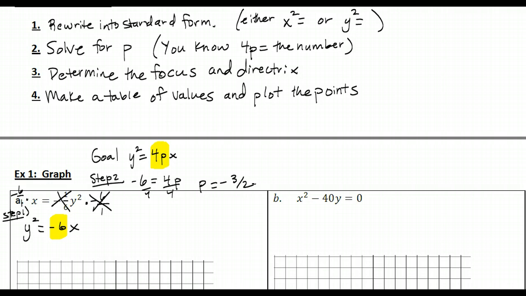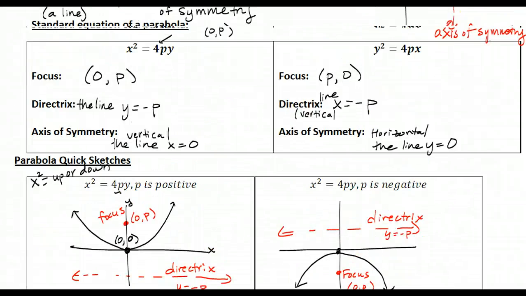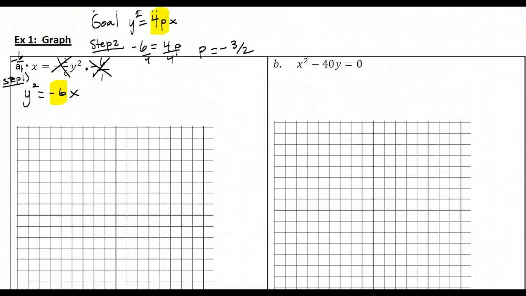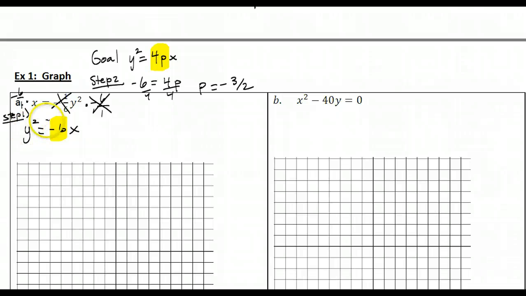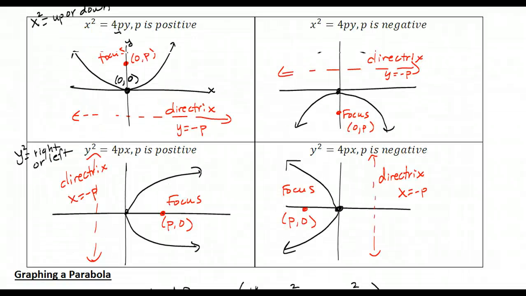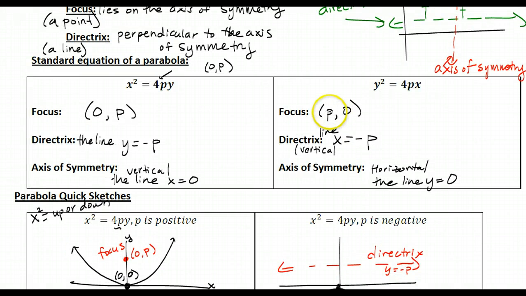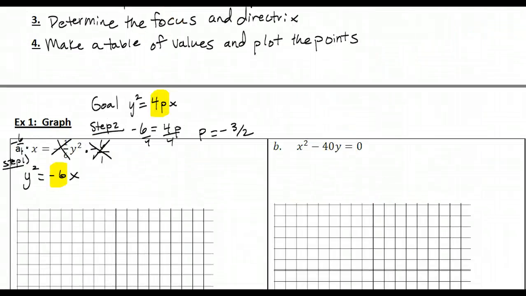And now the reason why I care about p being negative 3/2 is we just learned up here that my focus is at p comma 0 or 0 comma p. I can figure out which one of those it is because if it's a y squared graph, I know it's opening left or right. So my focus is going to be the p comma 0 variety.